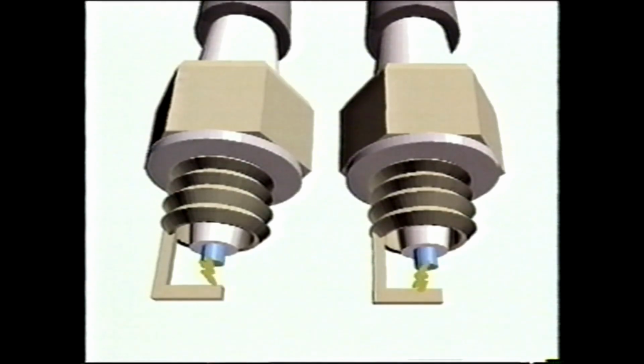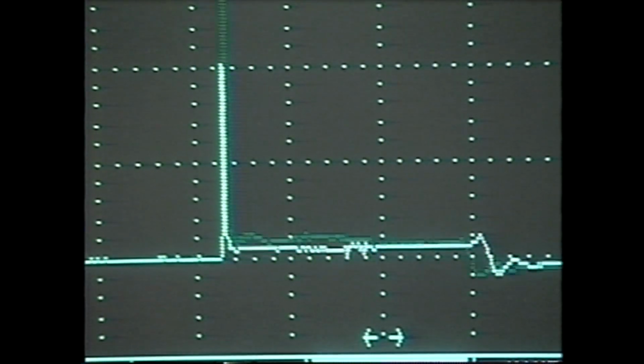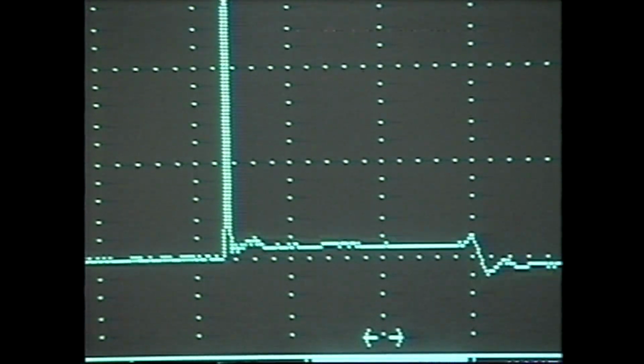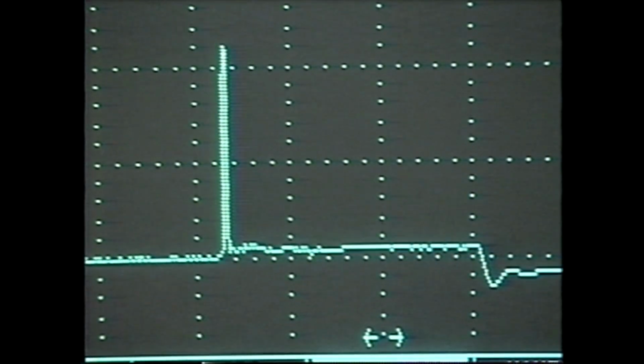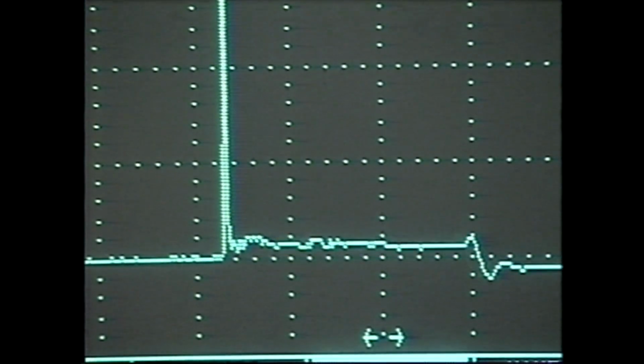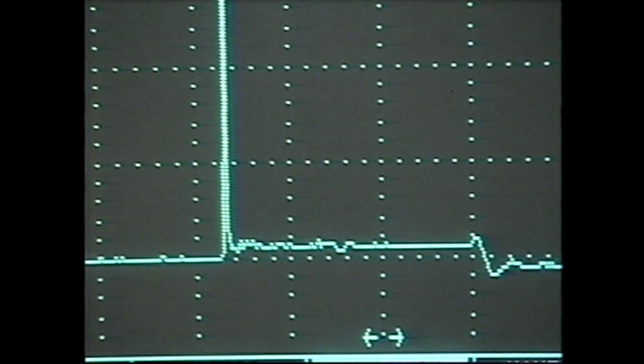One spark plug fires forward from the center to the ground electrode with negative polarity, while the other spark plug fires backward from the ground to the center electrode with positive polarity. The Counselor 2 inverts the negative firing lines and displays them so they appear as positive firings on the screen.